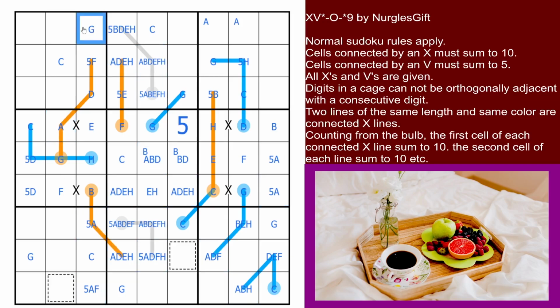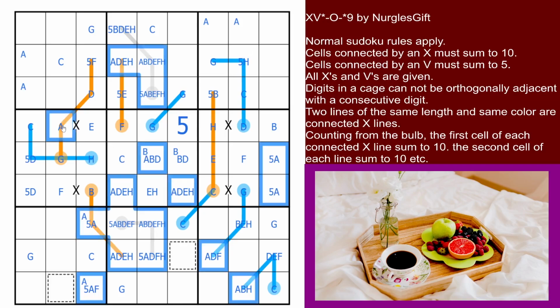So in this box now A is not here and A is not here. A has to be here, isn't it? So A is here. That's it. That's all about it. Yeah, I'm afraid so.